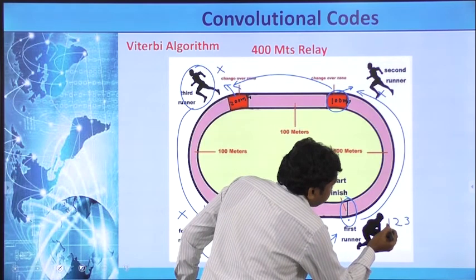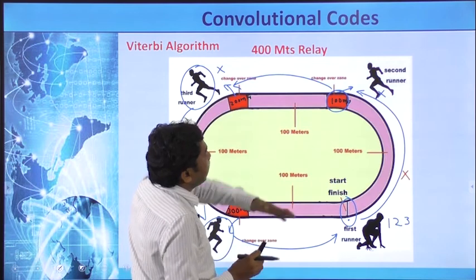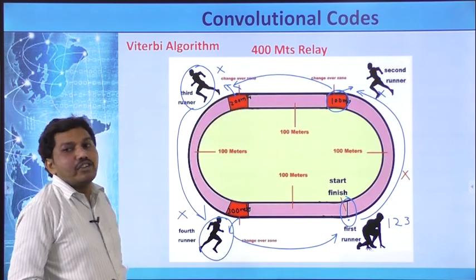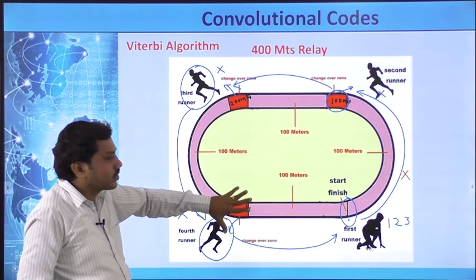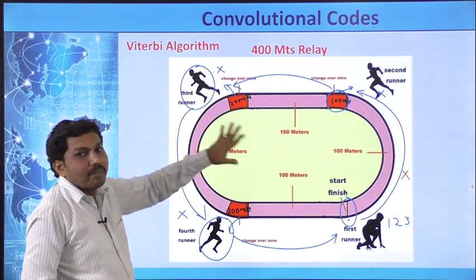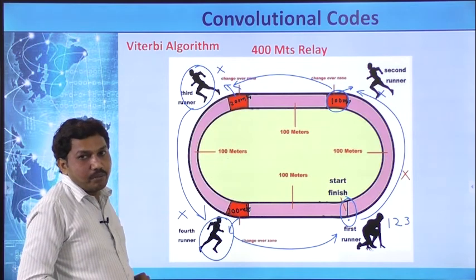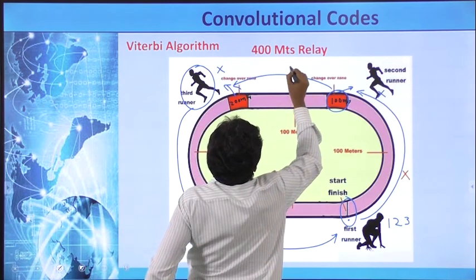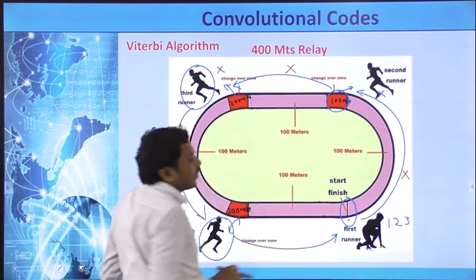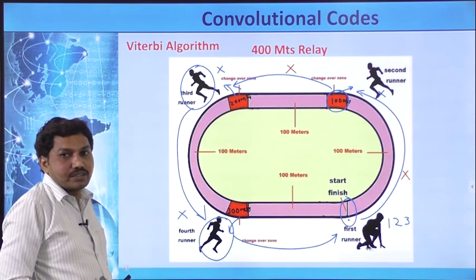If the first person in the team drops here, then the team is disqualified from the race. That indicates the completion of the race means all the 4 members finish the race without any problem. Suppose if the second person falls here, then that corresponding team is eliminated from the race.